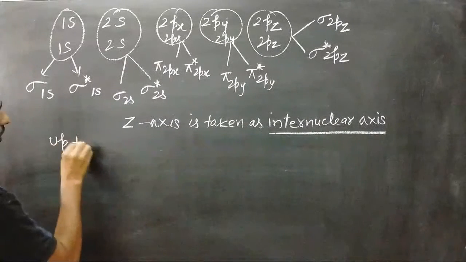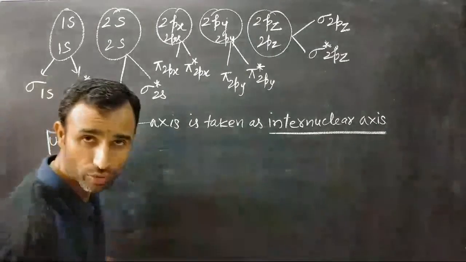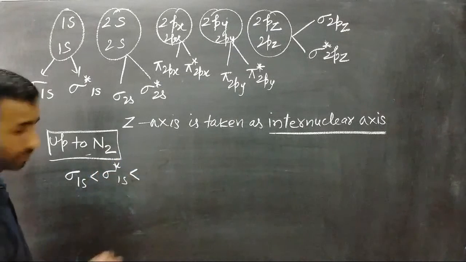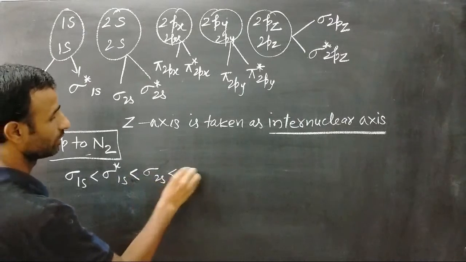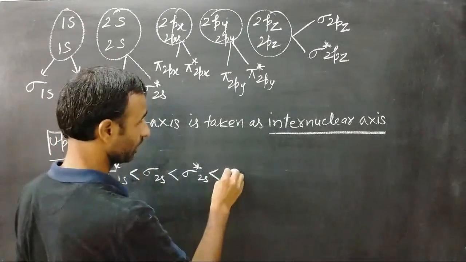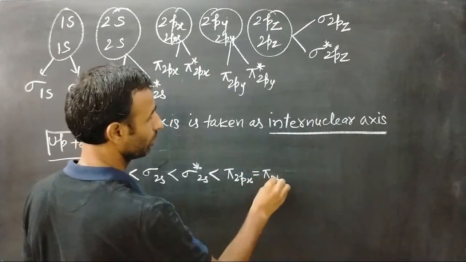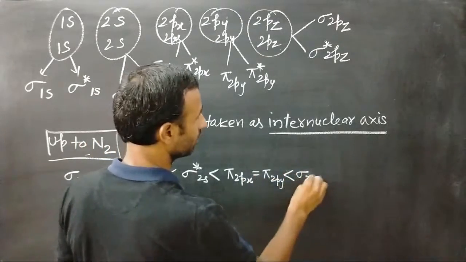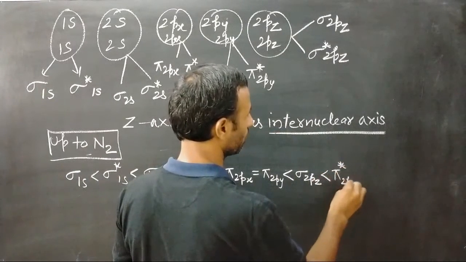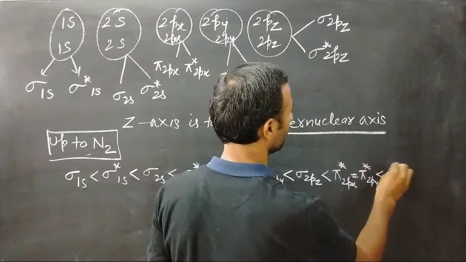Up to nitrogen, the order, meaning the increasing order of energies, is sigma 1s, sigma star 1s, sigma 2s, sigma star 2s, then pi 2px equal to pi 2py, then sigma 2pz, then pi star 2px, pi star 2py, and then sigma star 2pz.